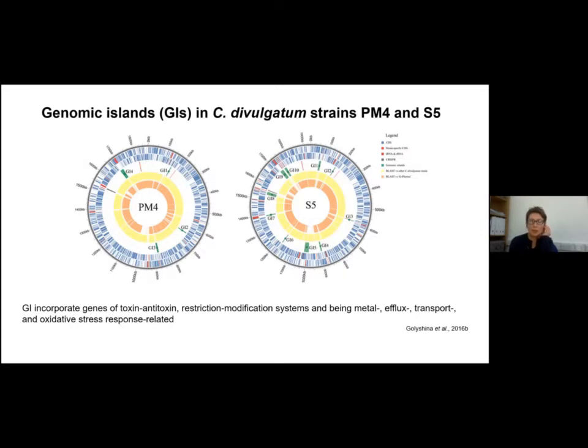The UK strain has 4 genomic islands and the Spanish one has 10. And these genomic islands incorporate mostly genes of toxin-antitoxin systems, restriction-modification systems, and also genes associated with metal efflux and oxidative stress response.